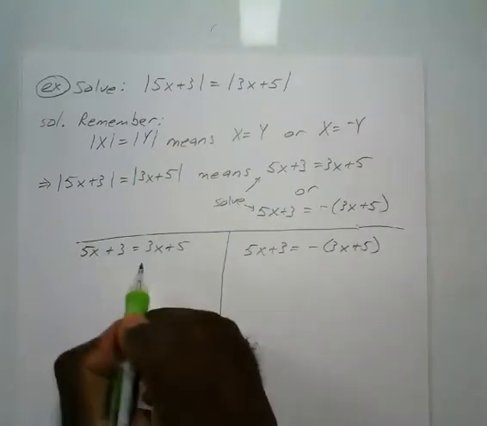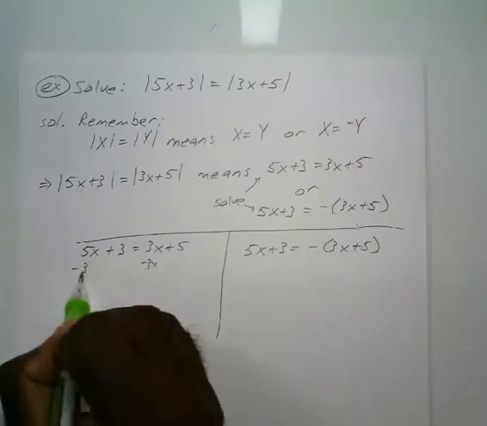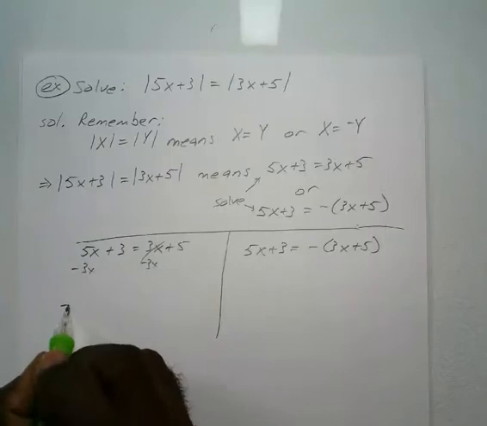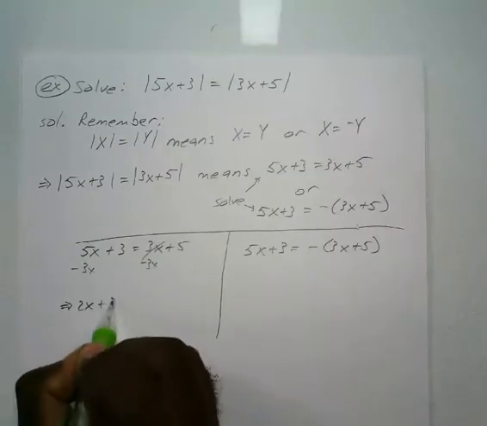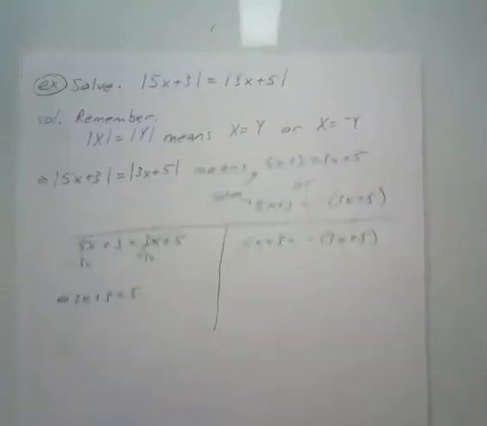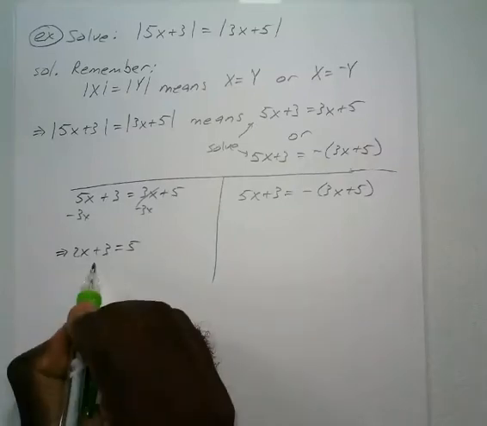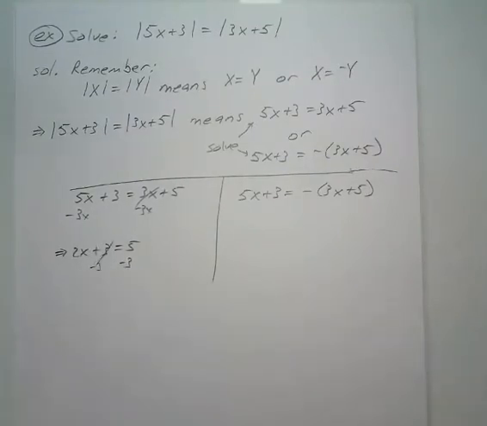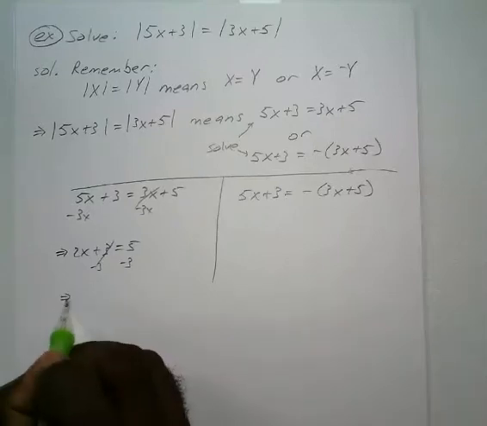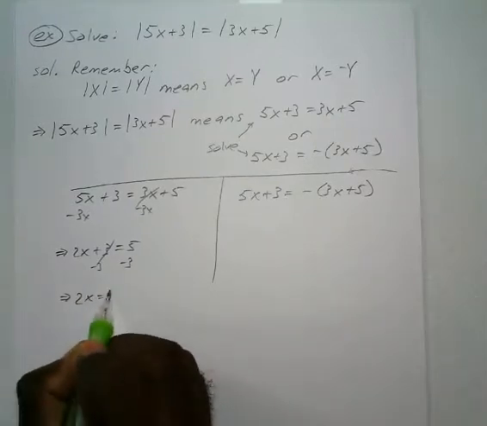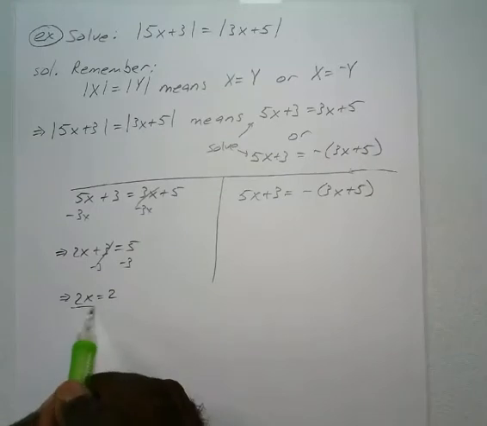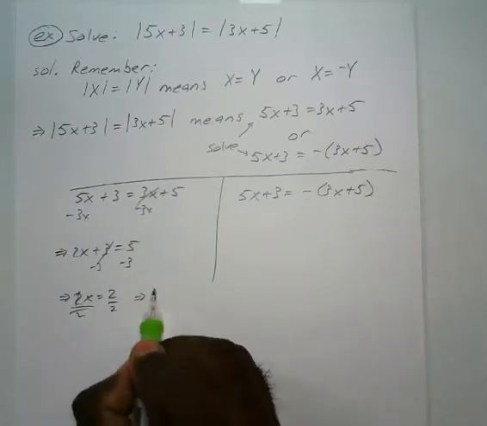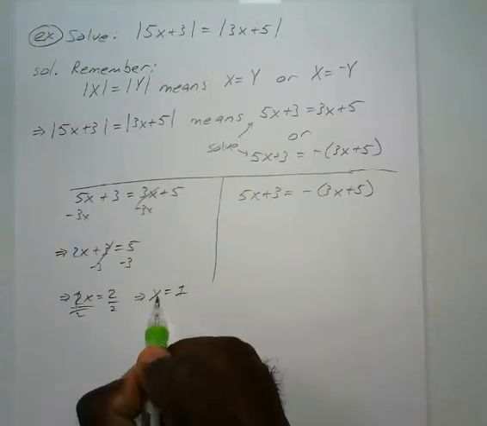If we subtract 3x from both sides here, 5x minus 3x is 2x. So we have 2x plus 3 equals 5. If we subtract 3 from both sides, those two cancel out. So we have 2x equals 2. Once we divide both sides by 2, we have x equals 1.